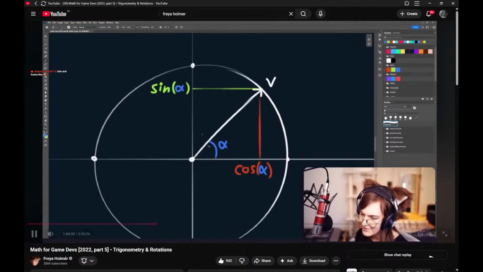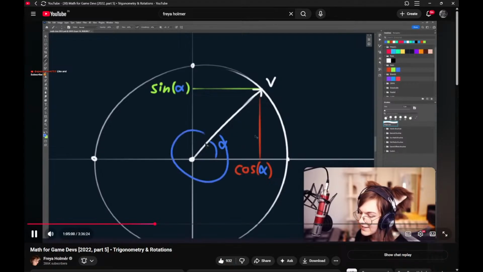So let me just draw it first. This is a vector alpha, and this is the x component, which is called cos alpha, and this is the y component, sin alpha.